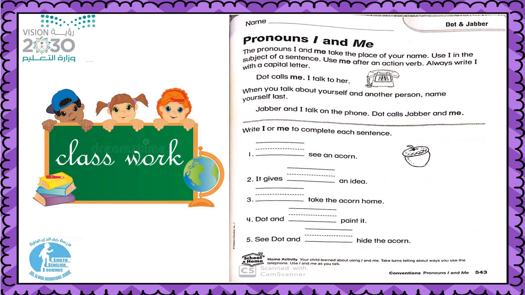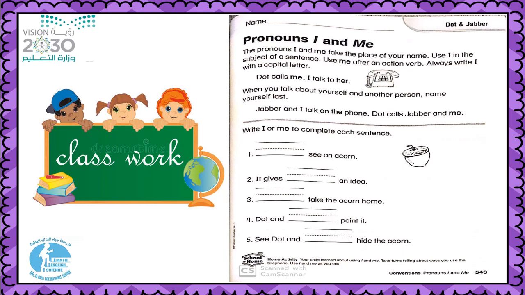And we use the pronoun me after an action verb and in the end of the sentence. Also, we said always write the pronoun I with a capital letter, always and forever. And if you don't write it with capital letter, it's a big problem.